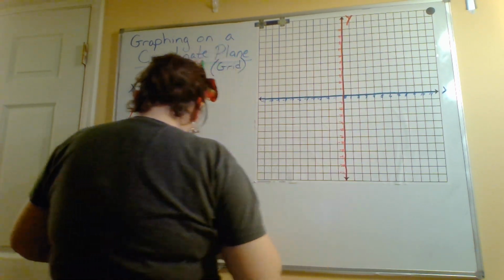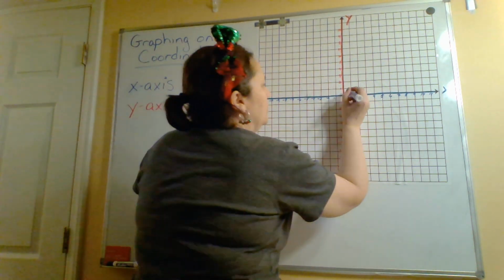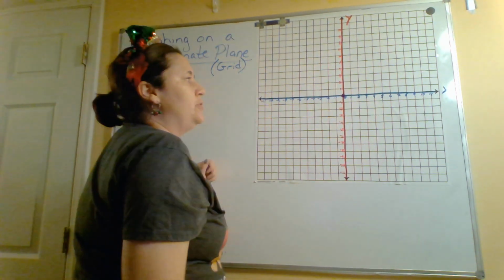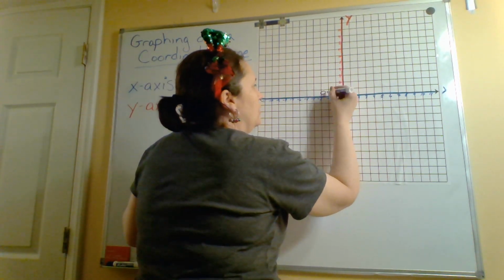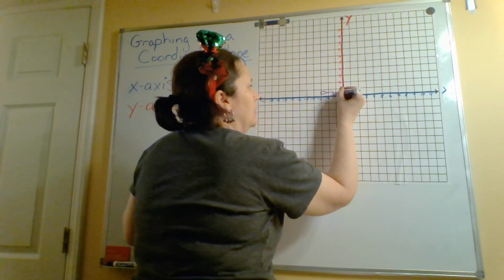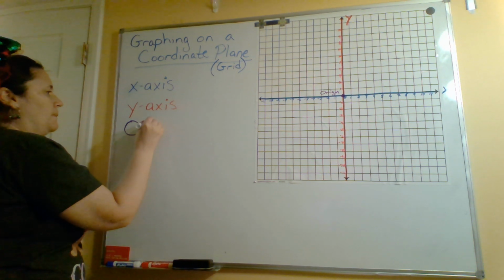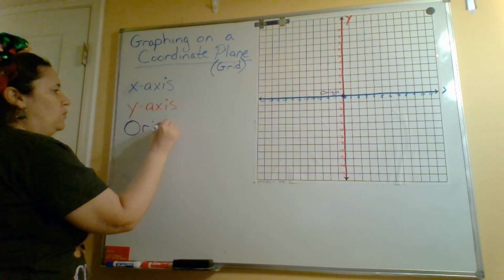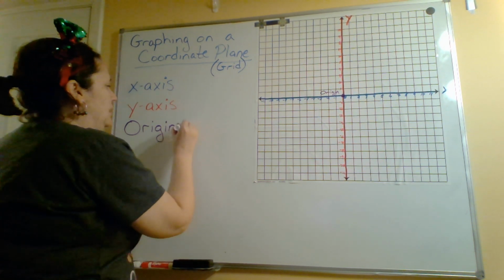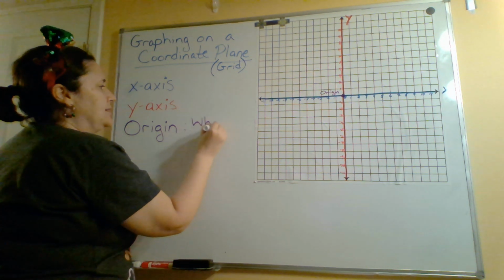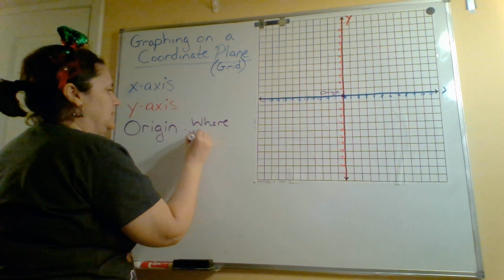Let me get a different color. How about purple? This point right here where both lines meet is called the origin. And I'll write it bigger over here. The origin is where the x-axis and y-axis meet.